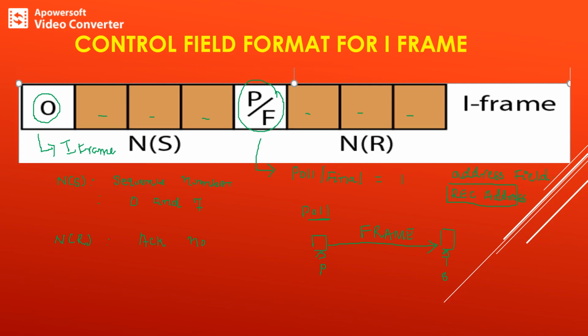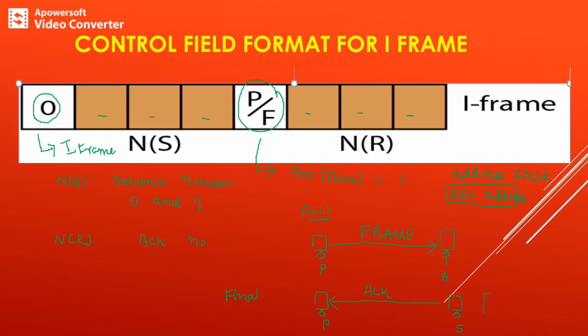Similarly during final, once again I will consider the primary and the secondary. In this case the secondary is sending the data to the primary, that means an acknowledgement. An acknowledgement is sent from the secondary to the primary.